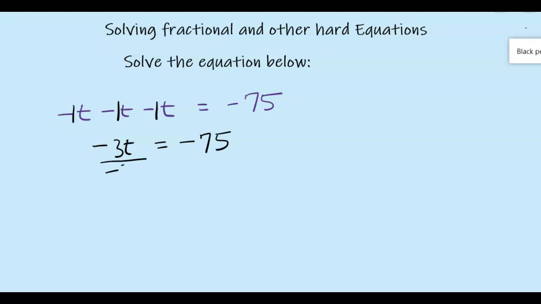Divide both sides by negative 3 because it's multiplying. And then finally, this 1 goes away. And negative divided by negative is positive 25. And we are done.